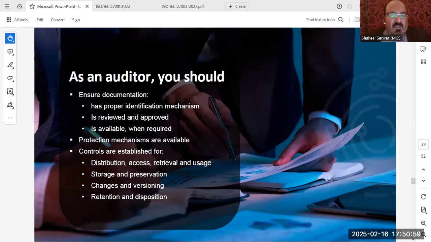Further explaining, it's like distribution, access, retrieval, and usage. Distribution control ensures documents reach only those who need them. Access and retrieval controls prevent unauthorized access, while usage controls ensure documents are used appropriately.